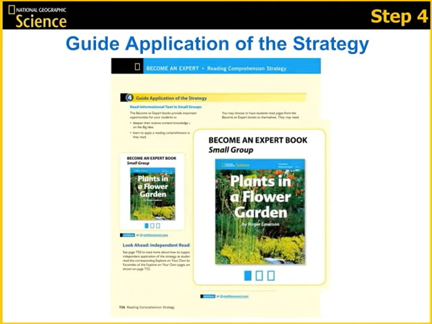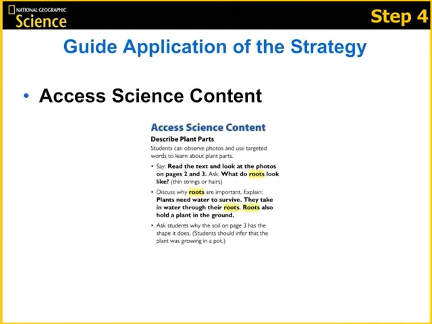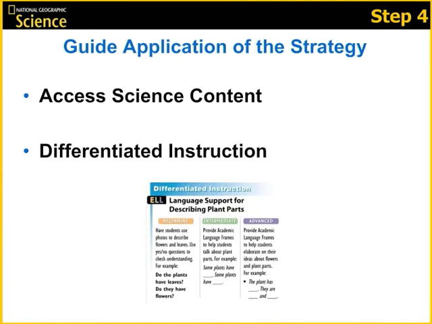These leveled books are carefully crafted with exceptional photography and design that you would expect from National Geographic, and they can also be used in the language arts block for science reinforcement. Your teacher's guide includes detailed instruction for each Become an Expert book, and it includes accessing the science content. And differentiated instruction options are provided here as well.